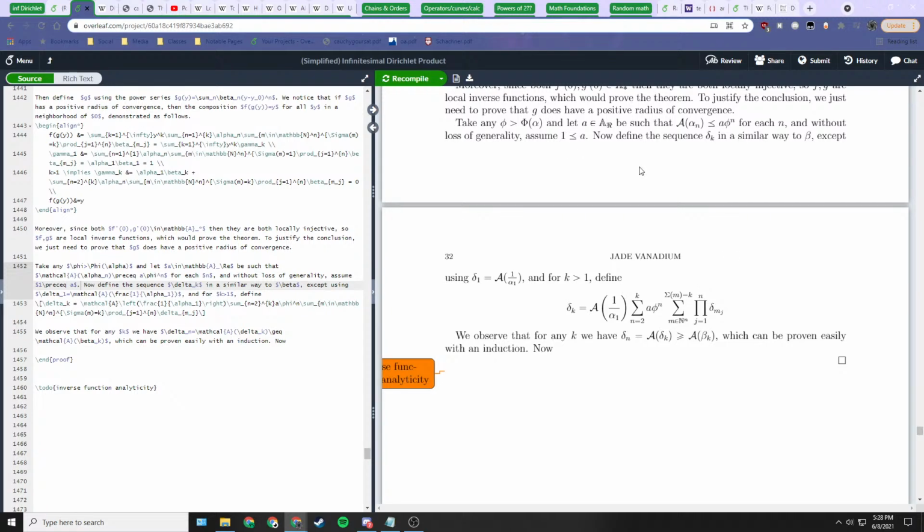Okay, so we'll do that, and this lets us, instead of doing delta 1 is a alpha 1 over alpha 1, actually say delta 1 is a of 1 over alpha 1 times lowercase a, and then we'll use this definition.